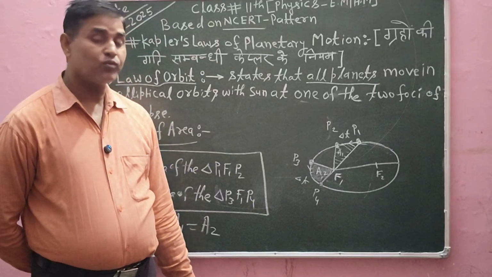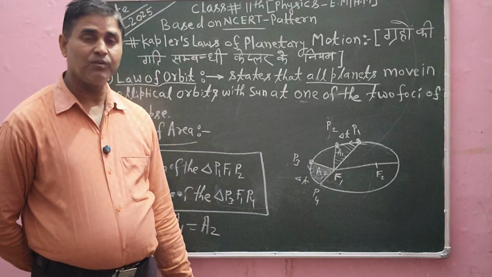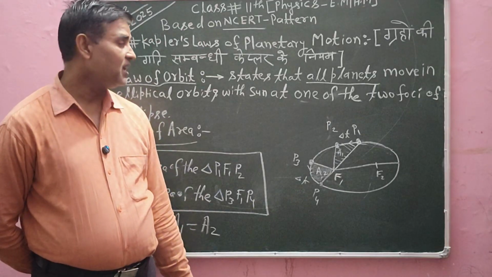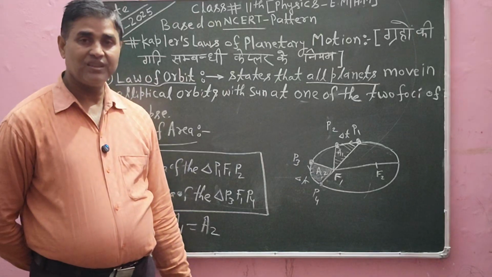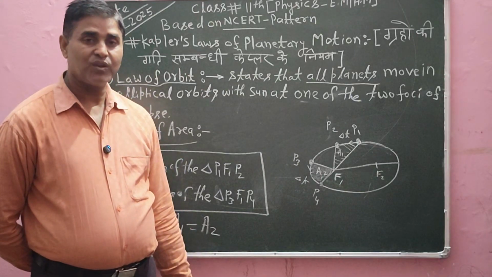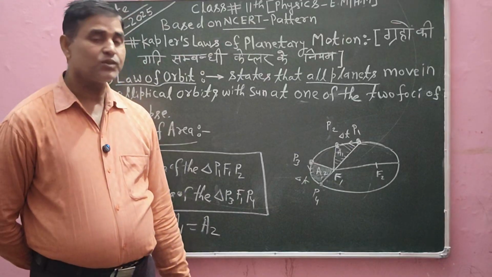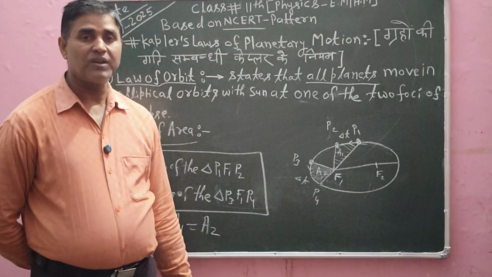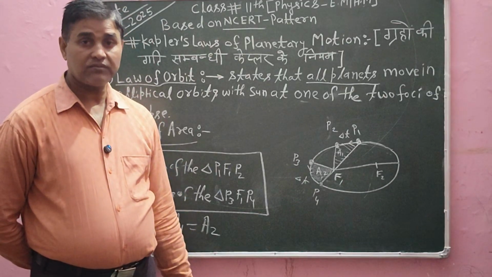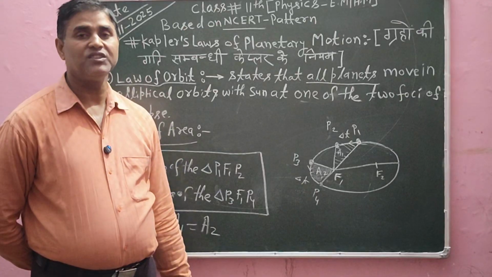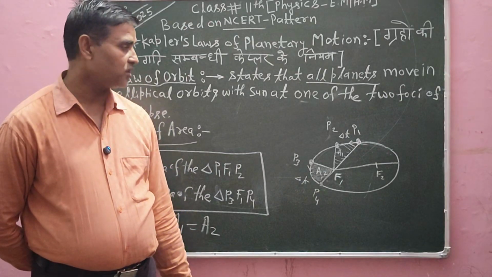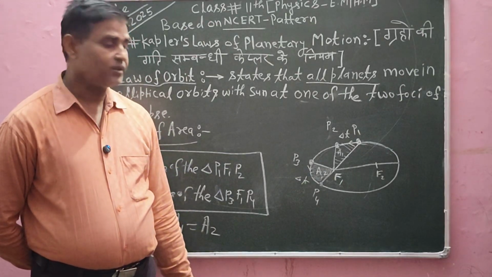So the gravitational force between both objects will be F equals capital G m1 m2 divided by r square, where G is the gravitational constant, with value 6.67 into 10 to the power minus 11, that is Newton meter square per kg square.